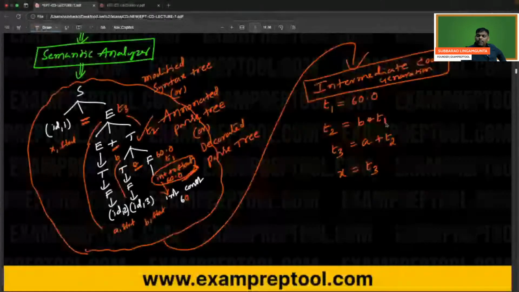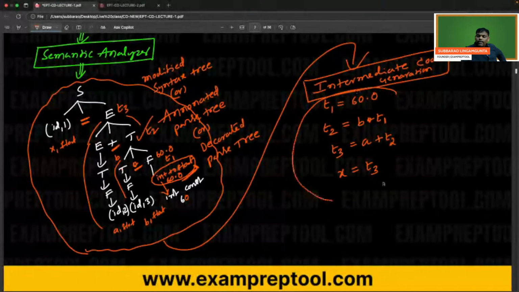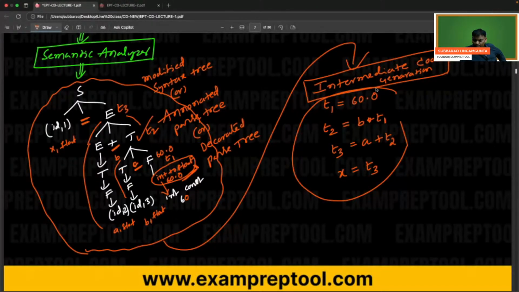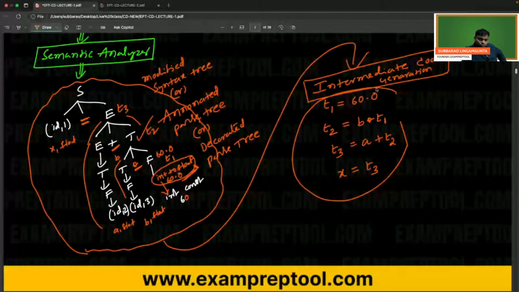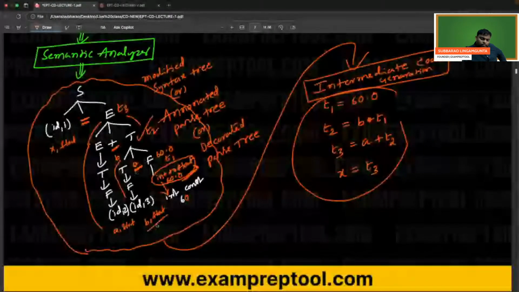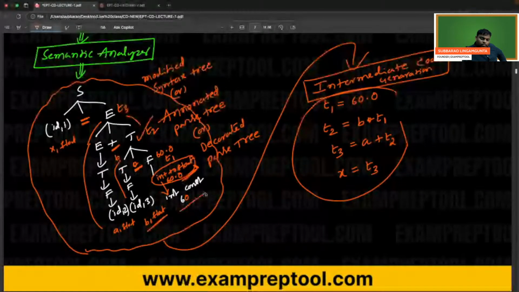So this is the intermediate code. For the intermediate code generator, input is going to be the modified syntax tree. Some people ask, what is the output? Very simple. In the tree, from the bottom onwards, start writing. To do the star operator, left is required, right is required. Left is B, right is 60, but typecasting is already done, 60.0.